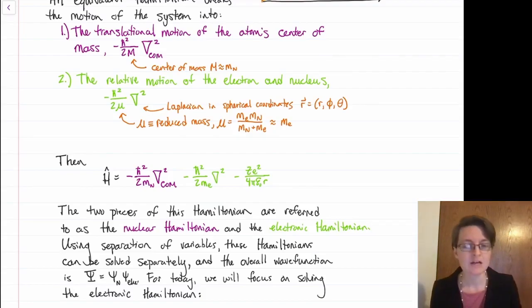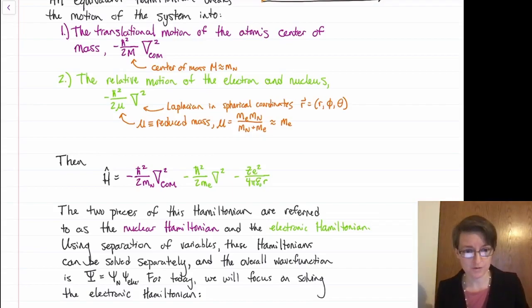And typically, because this purple term is so close to being related to the motion and the mass of the nucleus, and the green terms are so close to being related to the motion and the mass of the electron, you'll see these referred to as the nuclear Hamiltonian and the electronic Hamiltonian.